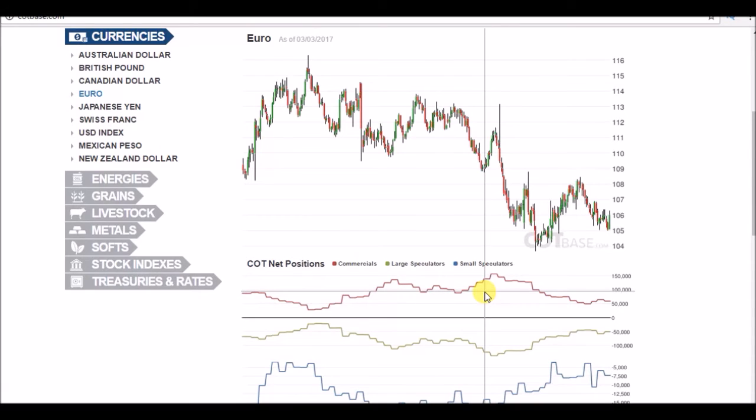You can see my crosshairs here, and you can notice by the positions that they take and the dips in this whether the commercials, who have had over 12 months, a long position on the euro, and the speculators have had a short position on the euro.